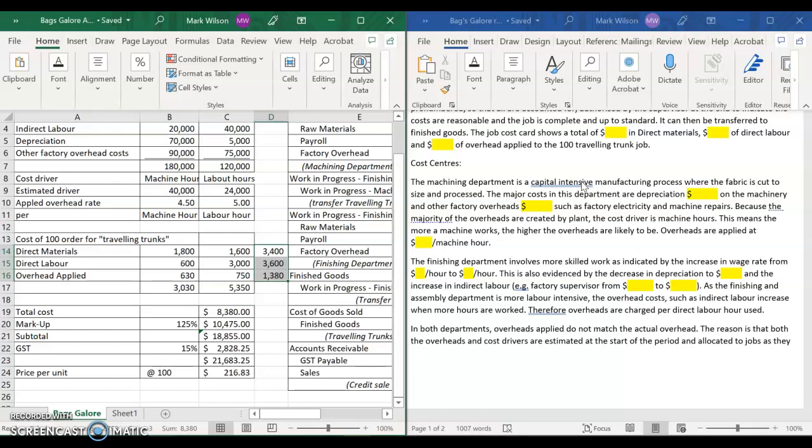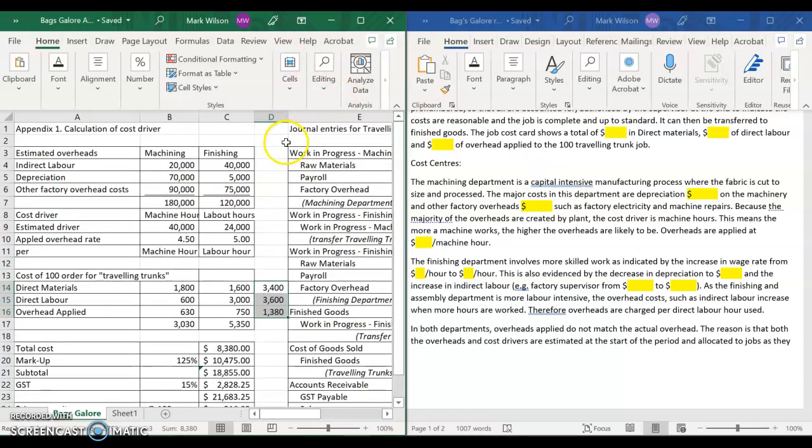So again, page 280 there, you can start talking about the major costs in the machining department in terms of overhead, and you can see them here. The costs are the estimated costs. The major costs are depreciation and other factory costs, quite large compared to the indirect labour, because of depreciation, estimated 70,000, other factory 90,000, such as depreciation, electricity, and machine repairs.